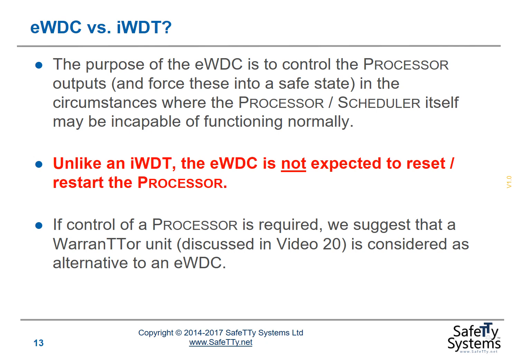Unlike an IWDT, the EWDC is not expected to reset or restart the processor. This is very important. We're not expecting to reset or restart the processor by means of the EWDC.